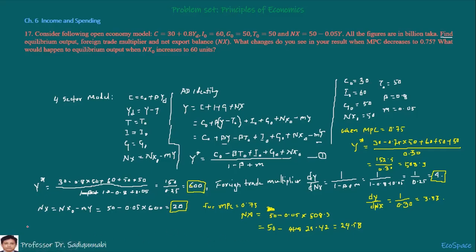But the second part, when MPC is 0.75, then we have got y star equals 508, foreign trade multiplier 3.33, and net export balance 24.58.